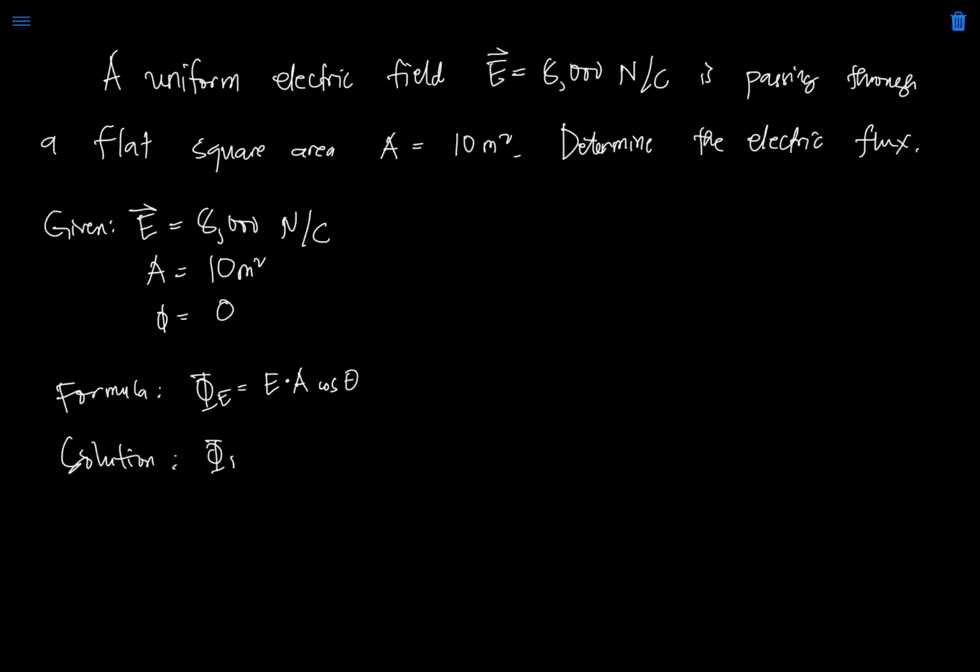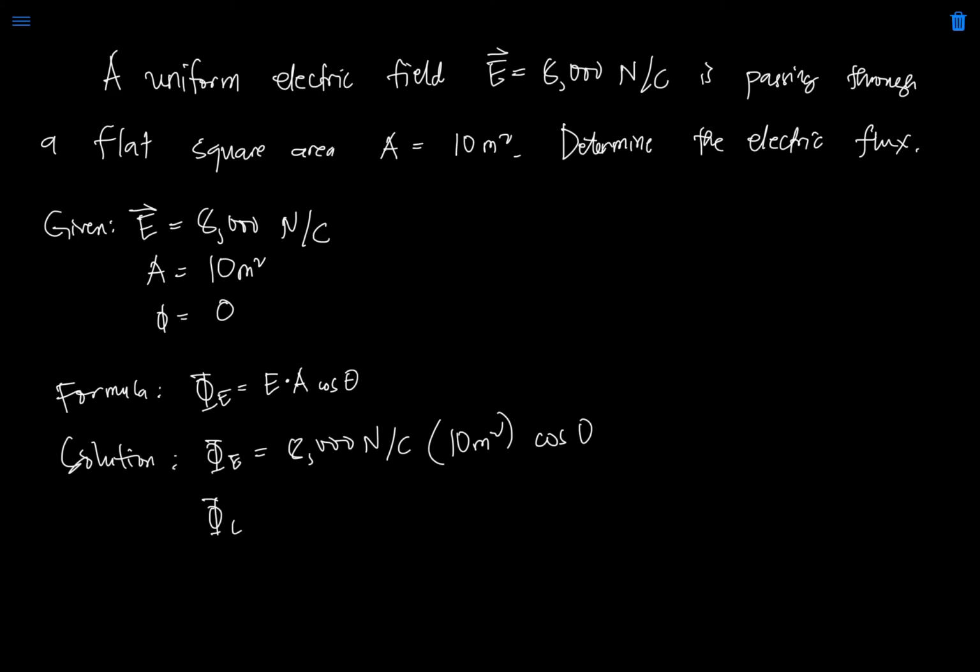So electric flux is equal to 8,000 newtons per coulomb times 10 meters squared cosine 0.